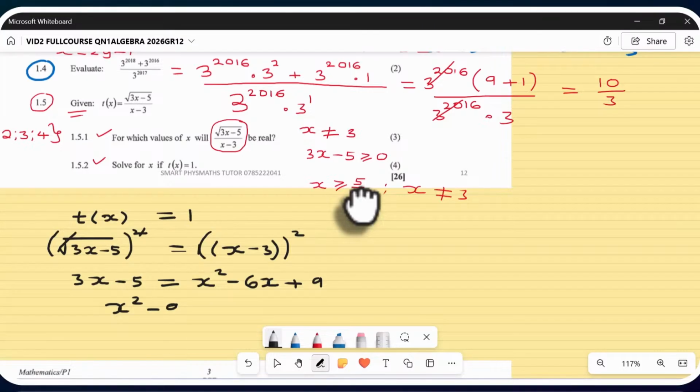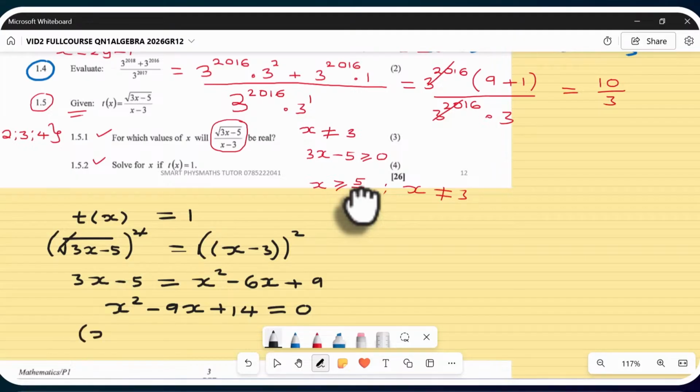Root of 1 is 1. What about this side now? If we talk about the 2, now the 2 minus 3, you get negative 1. So meaning x is not equal to 2.